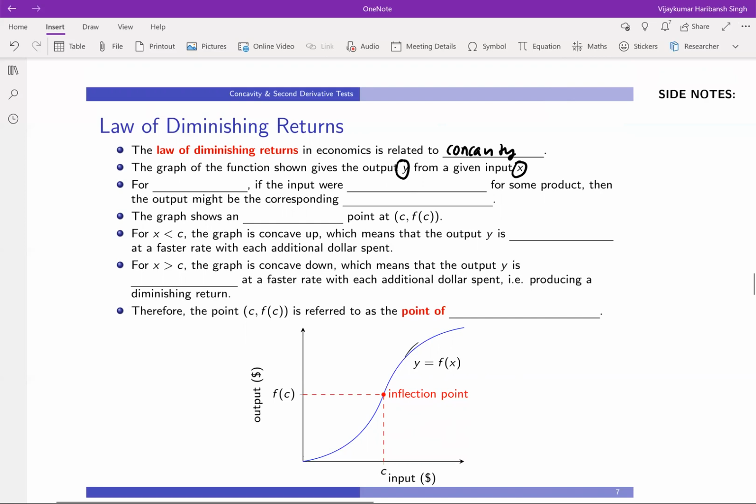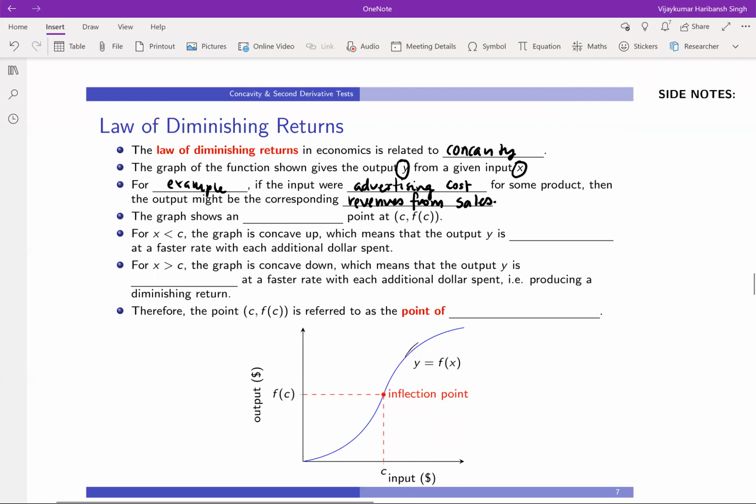Now, for example, if the input were advertising cost of some product, then the output could be the corresponding revenues from the sales. Or for example, the input could be the amount of sugar and the output could be the amount of yeast created out of fermenting that sugar, right?